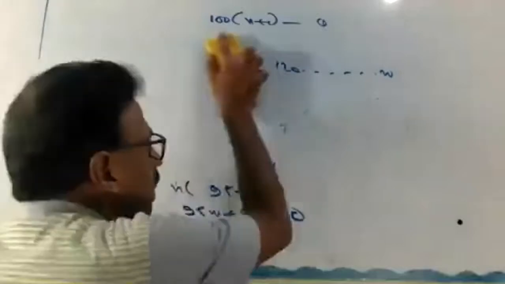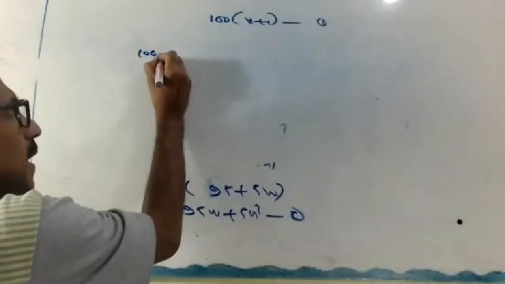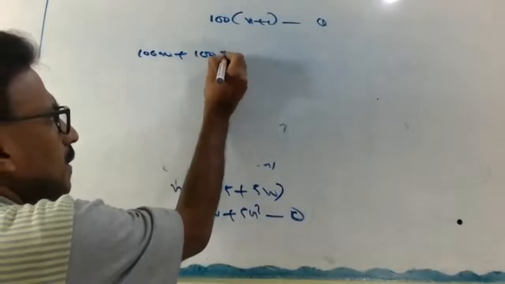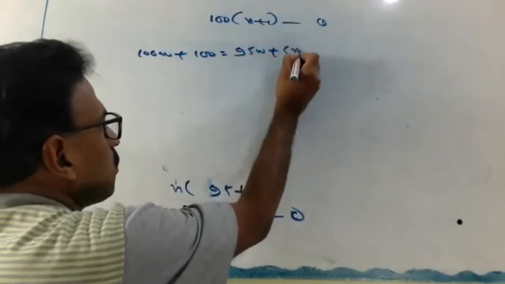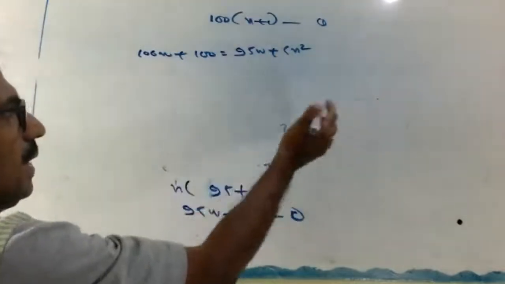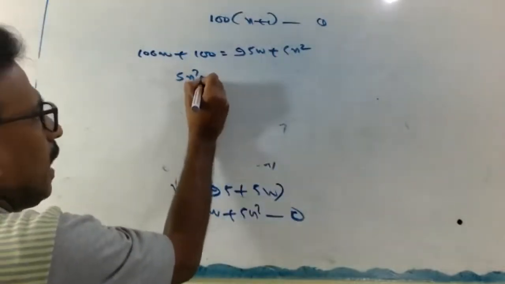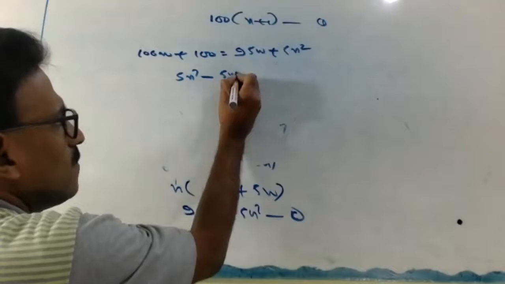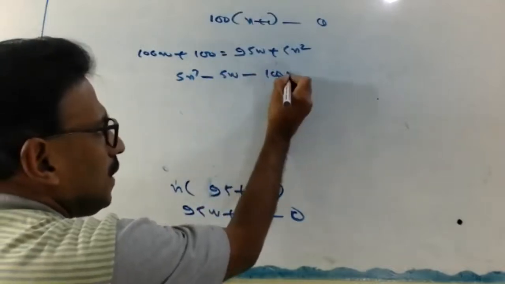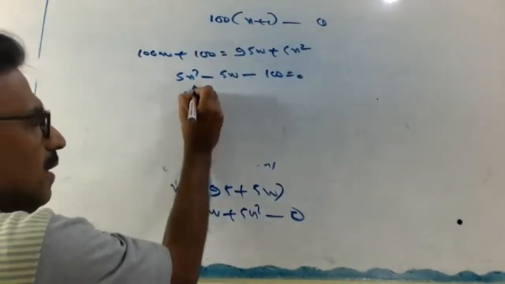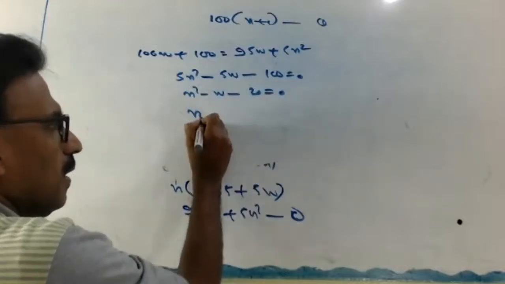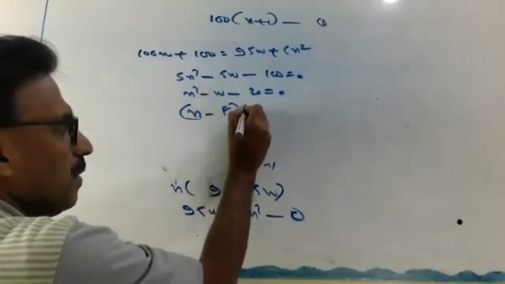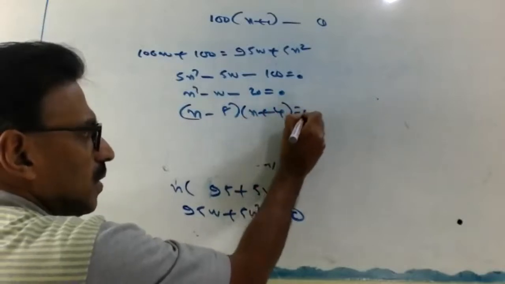Both are equal, that's the concept. 100n plus 100 equals 95n plus 5n square. Bring all to the other side: 5n square minus 5n minus 100 equals 0. We can cut by 5: n square minus n minus 20 equals 0. This gives n minus 5 into n plus 4 equals 0.